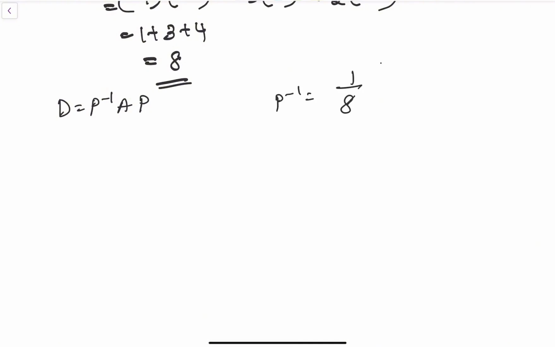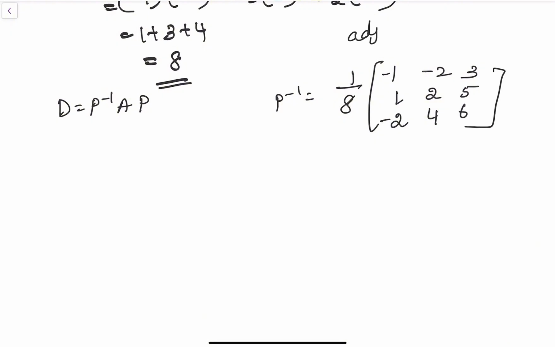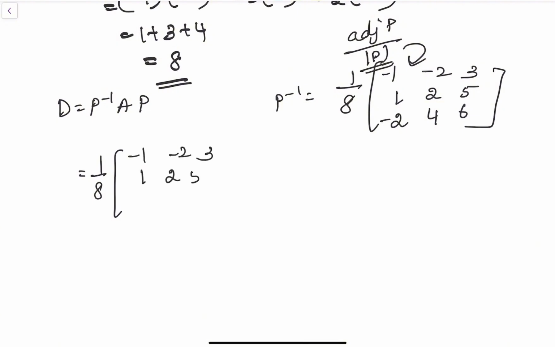So we have 1 by 8 into P inverse, which is minus 1, minus 2, 3, 1, 2, 5, and minus 2, 4, and 6. Substitute this in the equation. It is 1 by 8 into minus 1, minus 2, 3, 1, 2, 5, minus 2, 4, and 6.